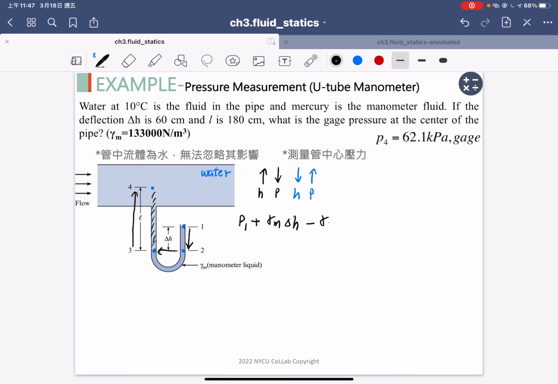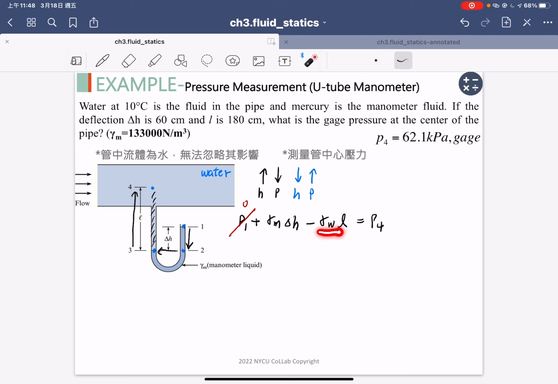So here I use the gamma water and multiply the length, and then finally it equals P4. So going down increases the pressure, and the left hand side going up decreases the pressure, and then we go back to the P4.